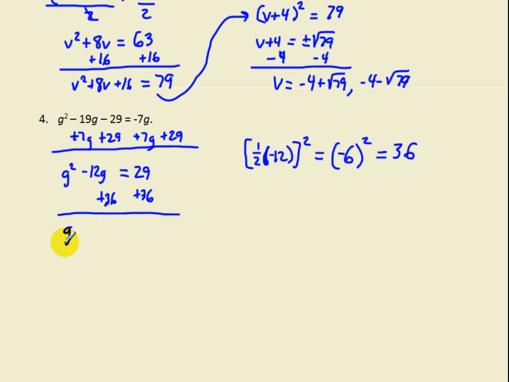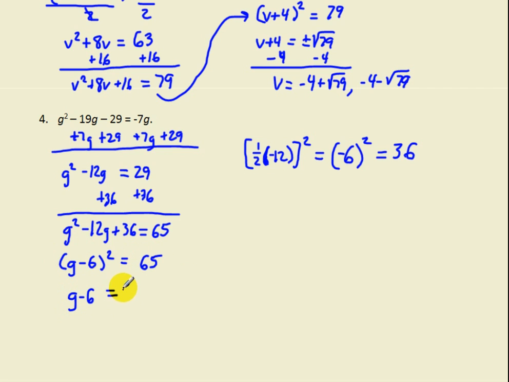So we get g squared minus 12g plus 36 is equal to 65. And now we know that we can factor this into g minus 6 squared, minus because the b is negative, equals 65.